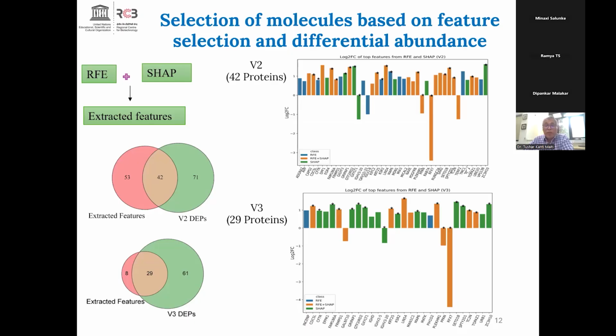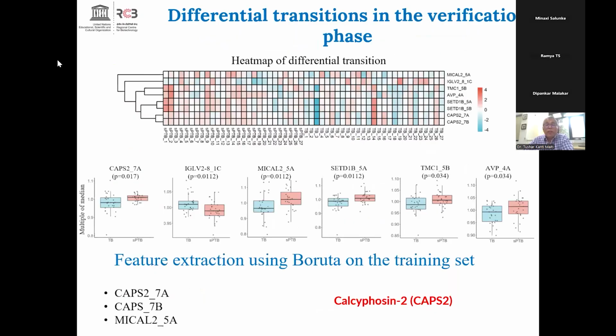So next, we took those particular proteins, with different types of transitions, and subsequently verified them with our samples.